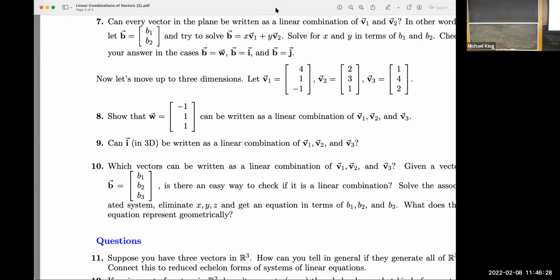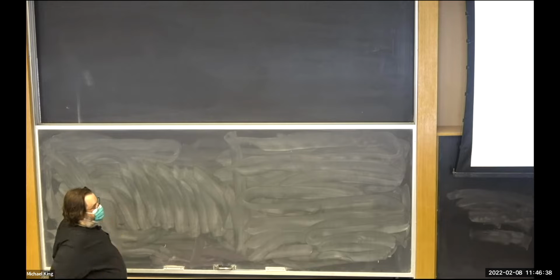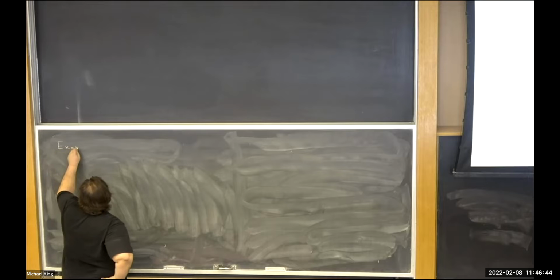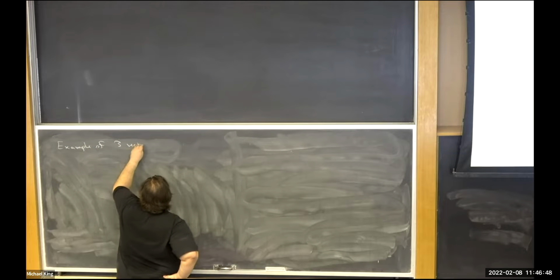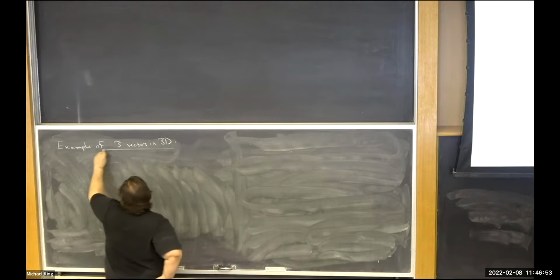Actually, let me just go to the board. Okay, so just to recap what I was saying, and you probably have this in your notes from last time, we were right at the end of class. So the example of three vectors in 3D we had was this.